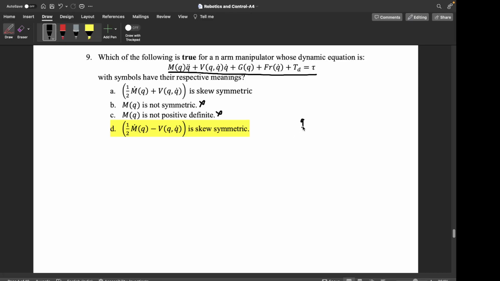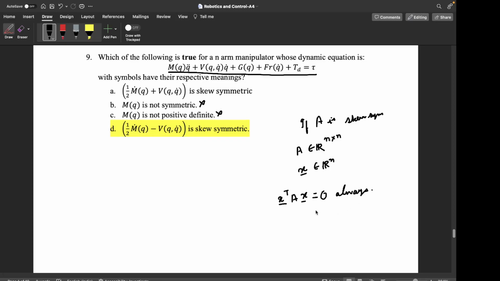Let's say if A is skew-symmetric, with A belonging to R^(n×n), and we have a vector x belonging to R^n, then you can verify that x^T A x is always 0, right?